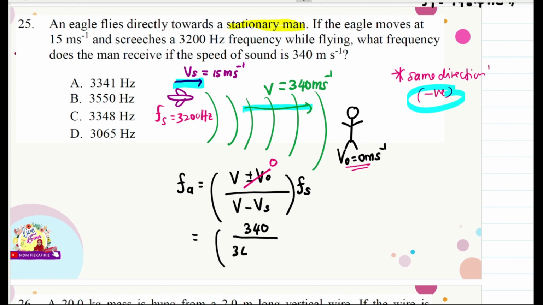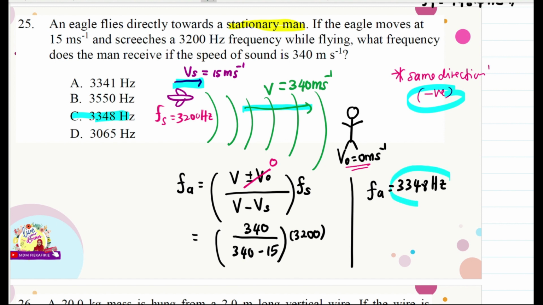So this one is 15 and times 3200. So jawapan dia you akan dapat 3348 Hz. So kalau you perhatikan dekat sini, jawapan yang kita dapat ini lebih besar daripada 3200 Hz.